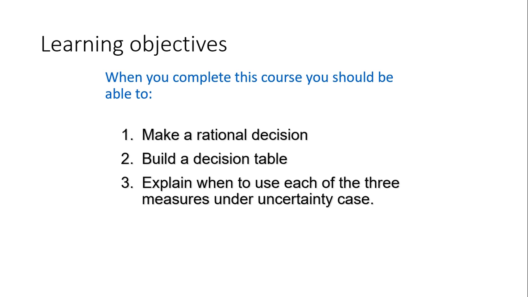Build a decision table, and we will learn how to make a decision table and the different content inside this table. Also, you are able to explain how to use each of our three measures today, inshallah, and the rest two measures will be in our face-to-face lecture, as we discussed in our open discussion under the uncertainty case.